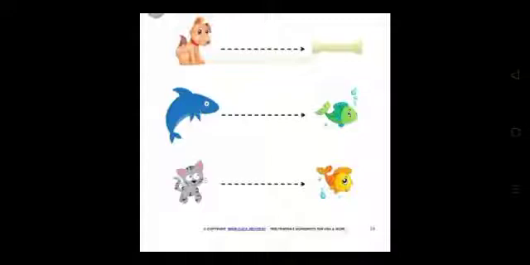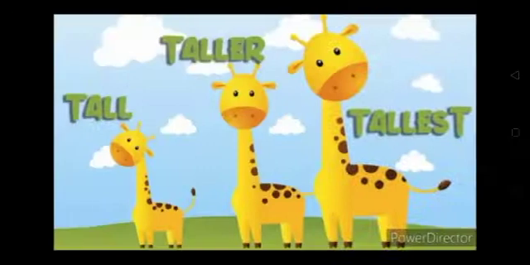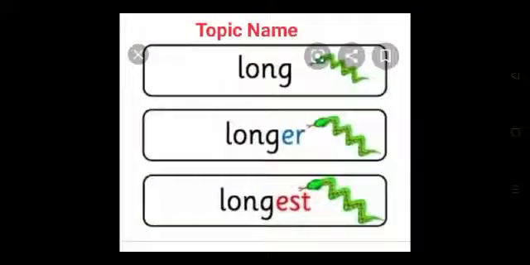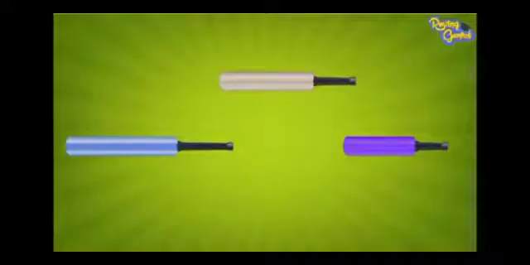Now let's see our today's topic, long, longer, longest. Children, see in this picture we have three bats of different colors and different lengths. First one is purple color. This bat is long.